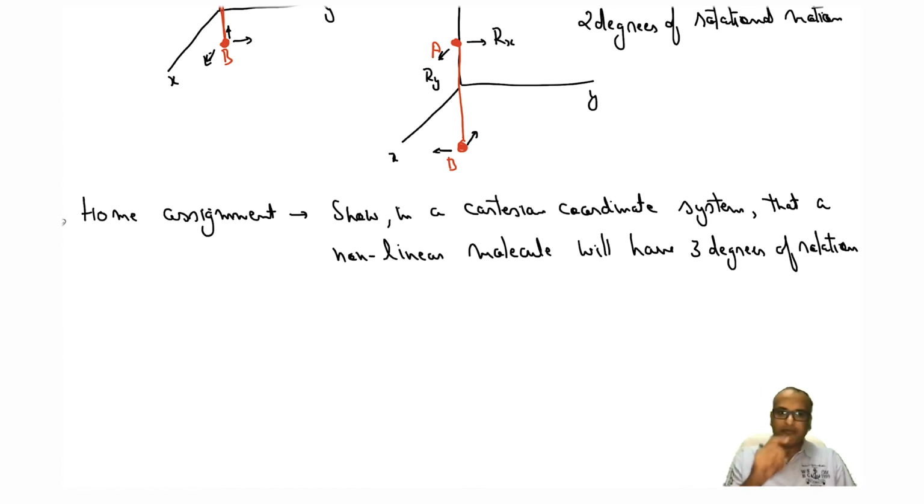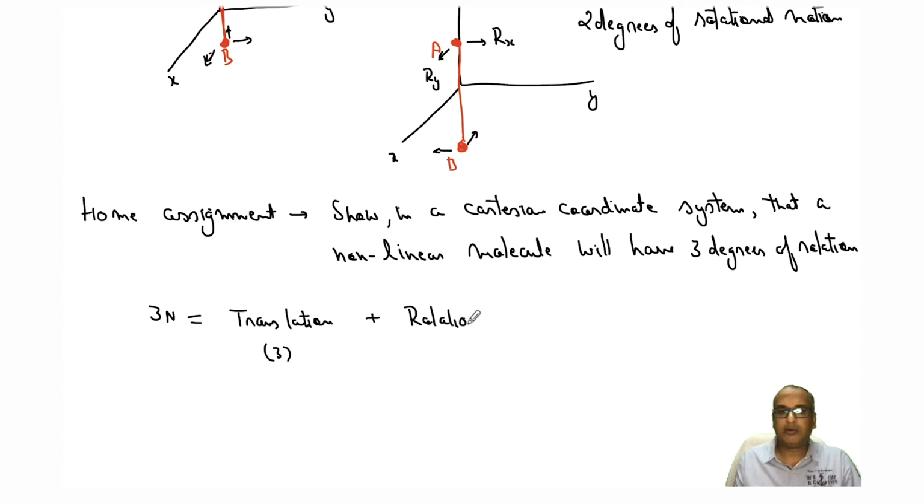So if there are 3 translational and 2 rotational, what is left now? Out of 3n, we have translation possible. We have seen that 3 will be contributing to translation, plus rotation possible. Rotation will be either 2 or 3, depending on whether it's a linear or non-linear molecule, right?